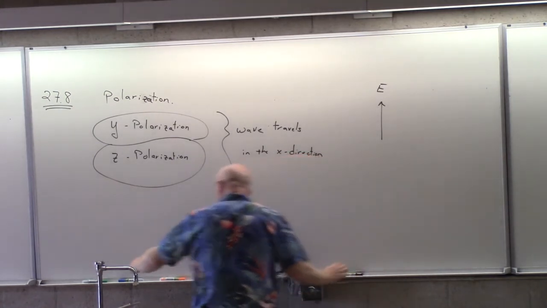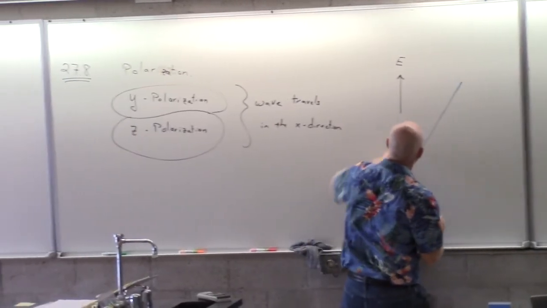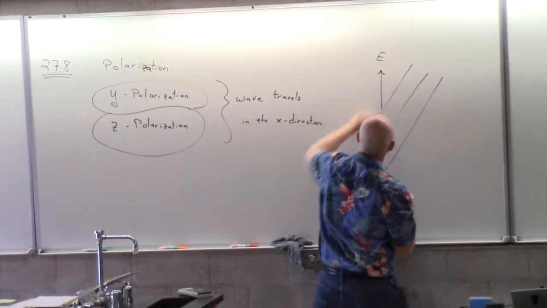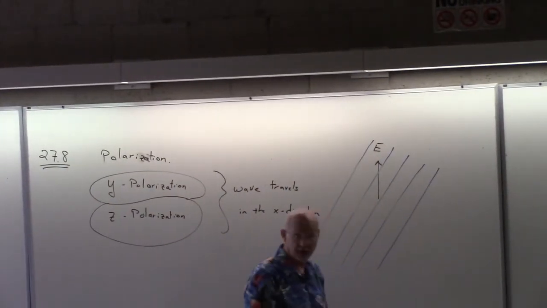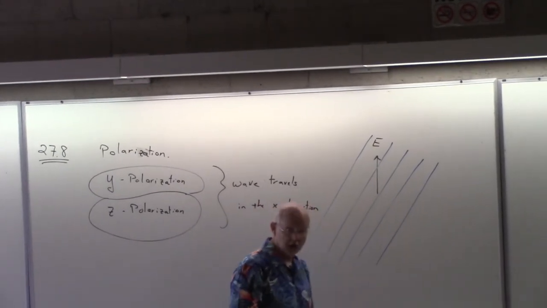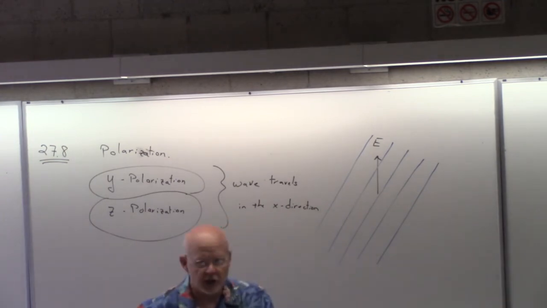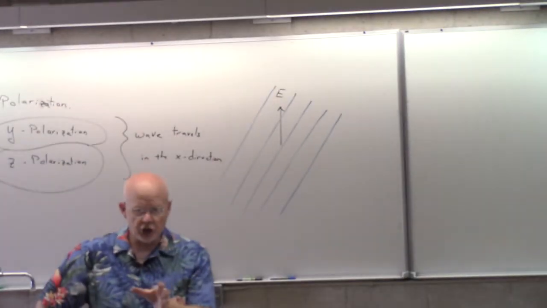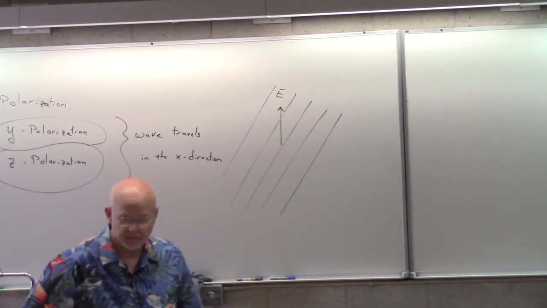If I maybe switch colors here and tell you that I'm going to set my second barbecue grill at an angle, okay? So in other words, my first one, I would say, didn't do much. My first one was just making sure that I had light that was polarized in one given direction.